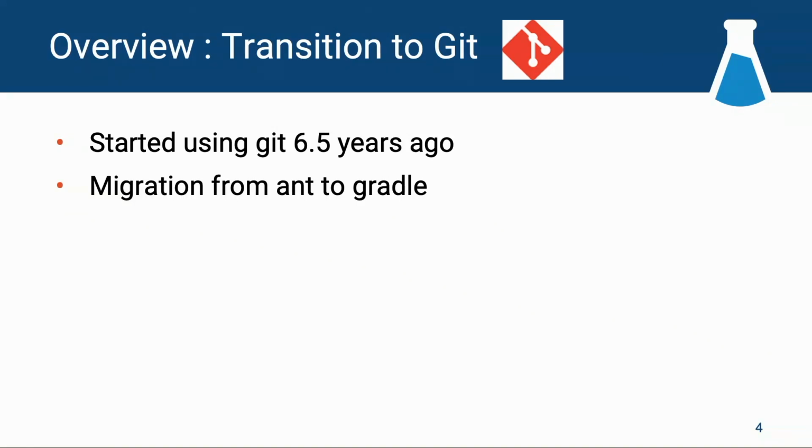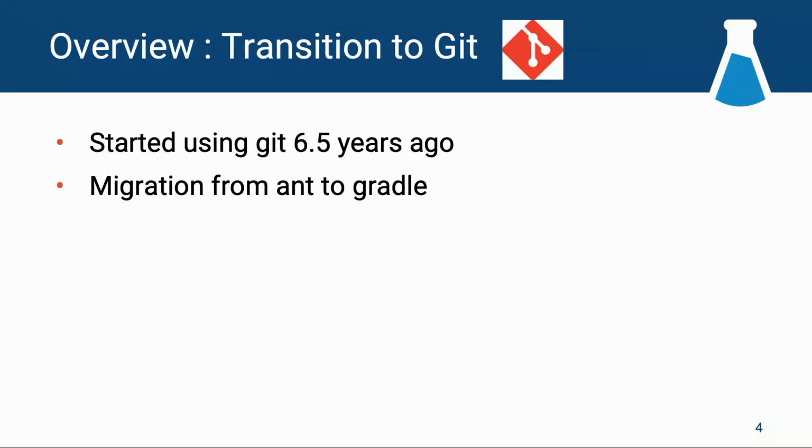But one big issue that we had was our legacy build system did not handle what we call transitive dependencies. And so we had to embark on a big project to migrate from Ant to Gradle.